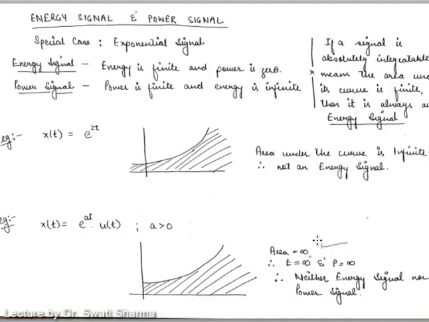And when the energy of any signal is infinite, then it is not the condition of an energy signal, which is that the energy has to be finite. So we can easily state that this exponential, even when it is multiplied by a unit step signal, is neither an energy signal nor is it a power signal.